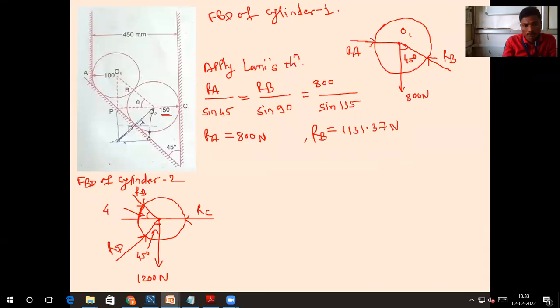Let's check. 45. All the angles we got. RC, 1200, 45.